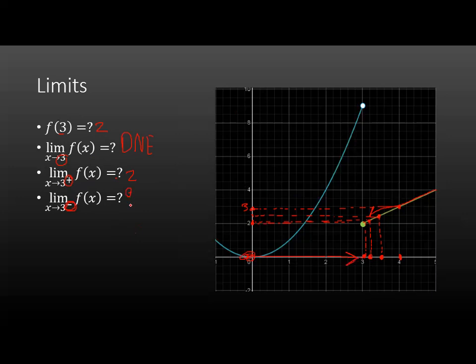So the answer here is 9, right? And as you can see, they're not the same. This plus and minus is actually involved in the topic of one-sided limits, which we will tackle in the future.